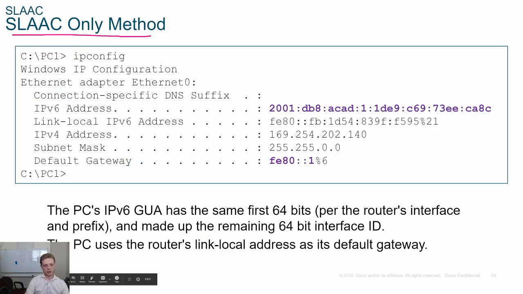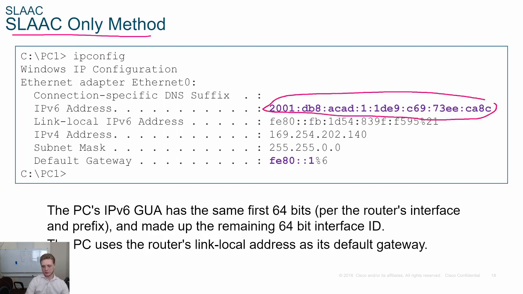You'll see here, with SLAAC only, we will end up with something looking like this. This is usually auto-generated from the MAC address. We have the first 64 bits, which are per the router's interface and prefix. And then the remaining bits are going to be the interface ID. Usually we'll actually take our MAC address and use it to automatically generate this.